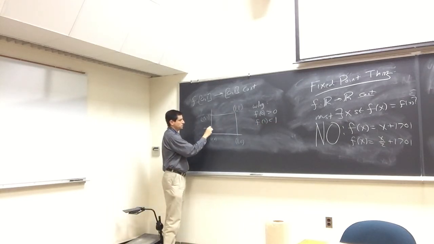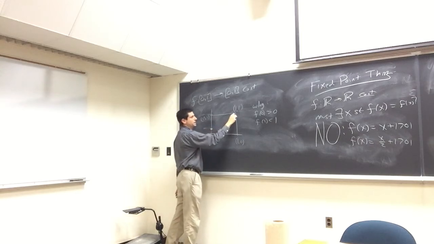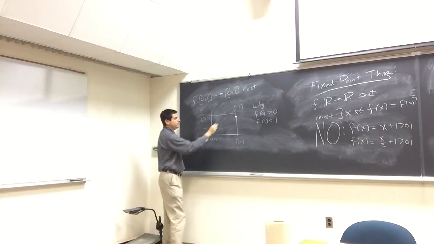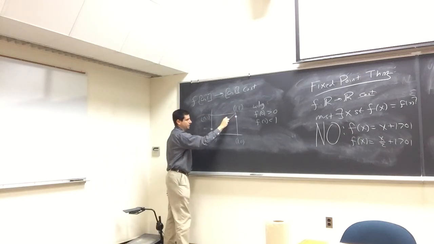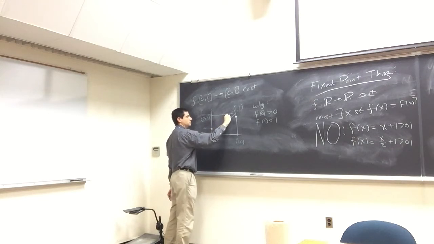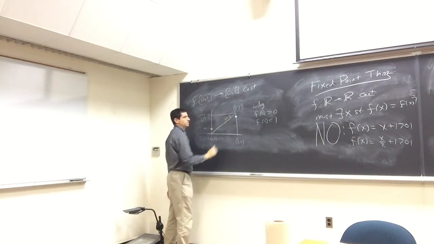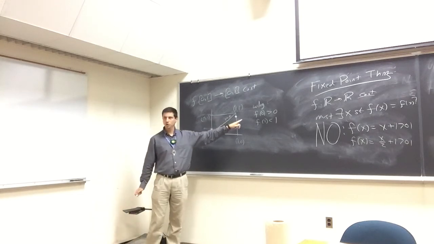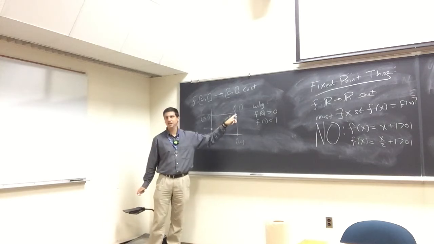So we have to look something like this. Here is the line y equals x. We now have to draw a continuous function that starts above 0 and ends below 1, and it can never cross this line.